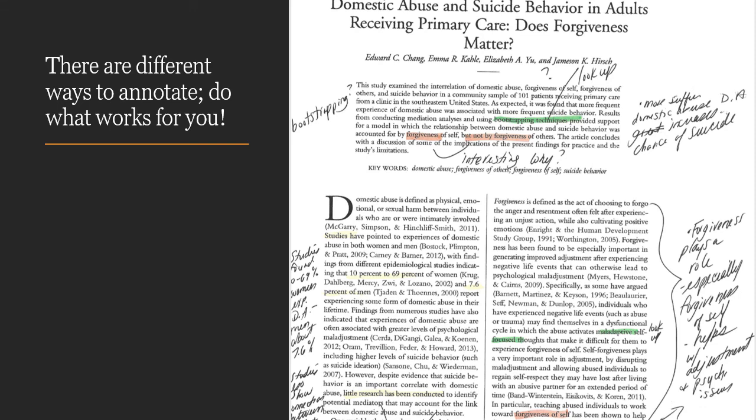And I want to emphasize, there are different ways to annotate. So you're going to want to do a little bit of experimentation here and see what works for you. This is one reason why we wanted to show you different examples of how different people annotate. Take a look here.